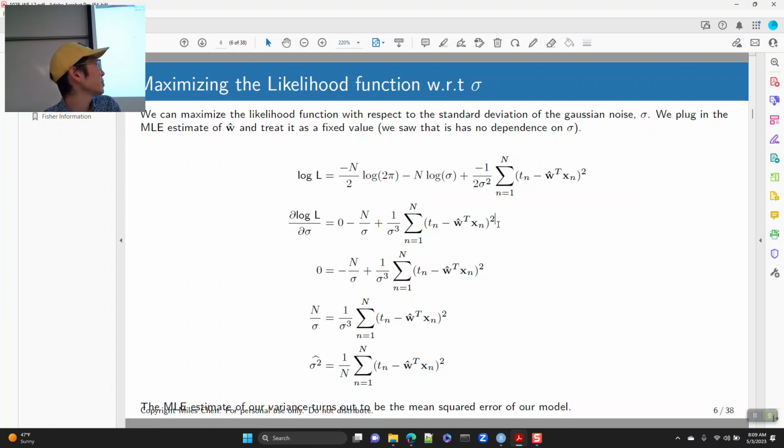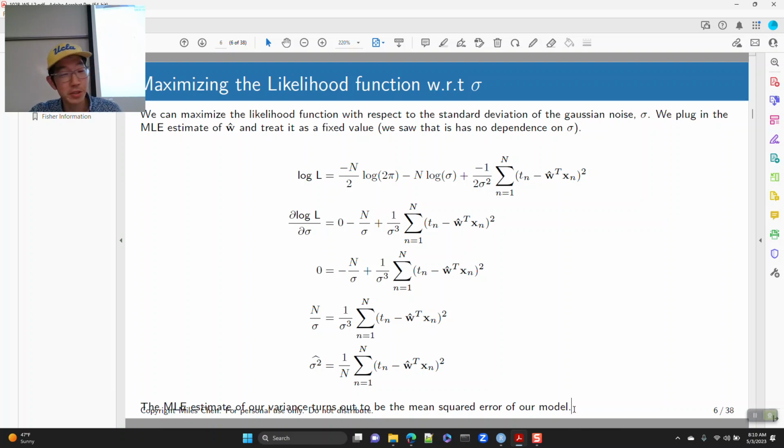Yeah, I guess you could do that too. I think you'd arrive at the same result. So we just get the solution is the mean squared error of our model.